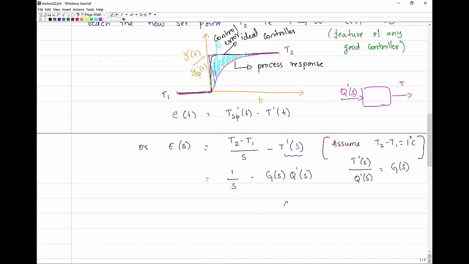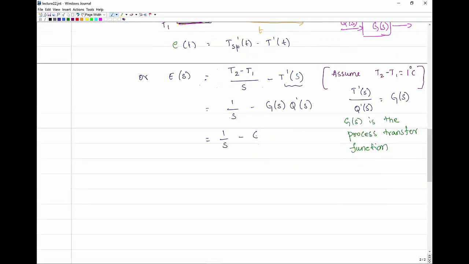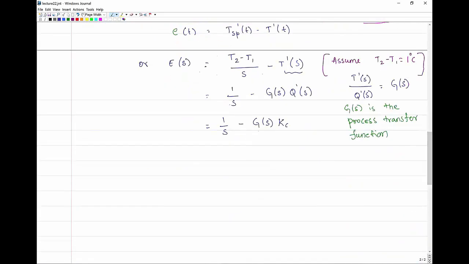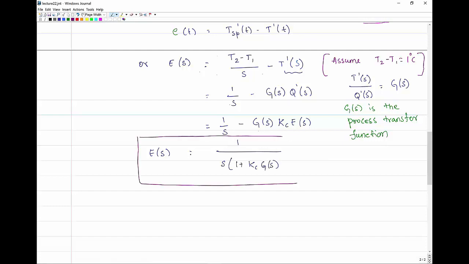And G(s) is the transfer function of the heating tank. Now that we have a controller, we can replace Q with Kc times E, which is the proportional controller. Rearranging the terms in this expression, E of s is going to be a Laplace transform that is shown here.